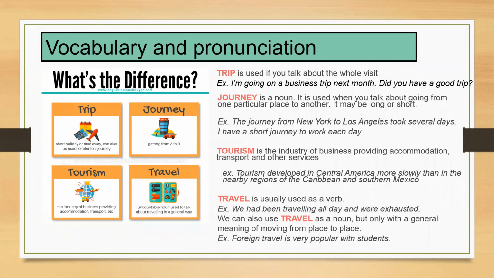Okay, cuando lo utilizamos como un verbo podemos utilizar tanto trip como travel. Y cuando lo utilizamos como un noun, como a specific noun, we can only use travel. Okay. For example, foreign travel is very popular with students. Okay. Como los viajes, como que ya cruzas frontera, pues son más populares entre los estudiantes.